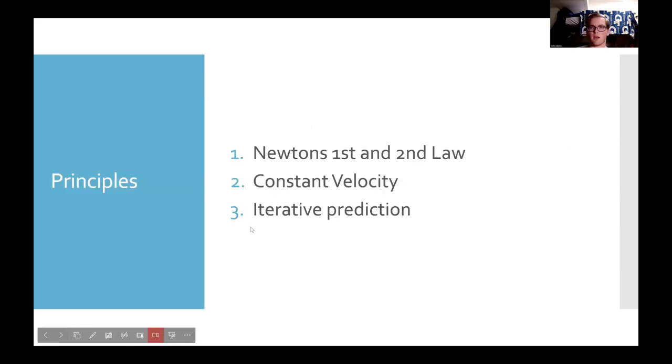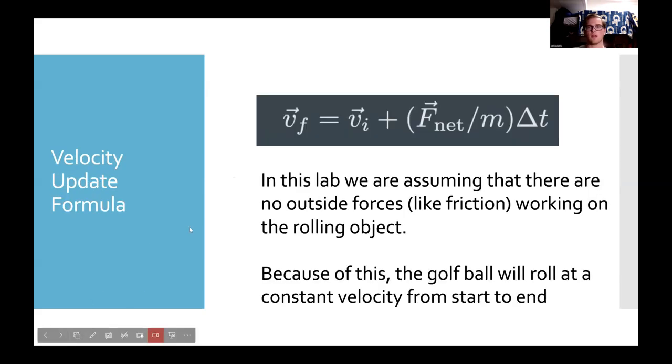The principles we learned in today's experiment were Newton's first and second law, constant velocity, and iterative prediction. Doing this, we use the velocity update formula, which states v_f, velocity final, equals v_i, velocity initial, plus F_net over m times delta t.